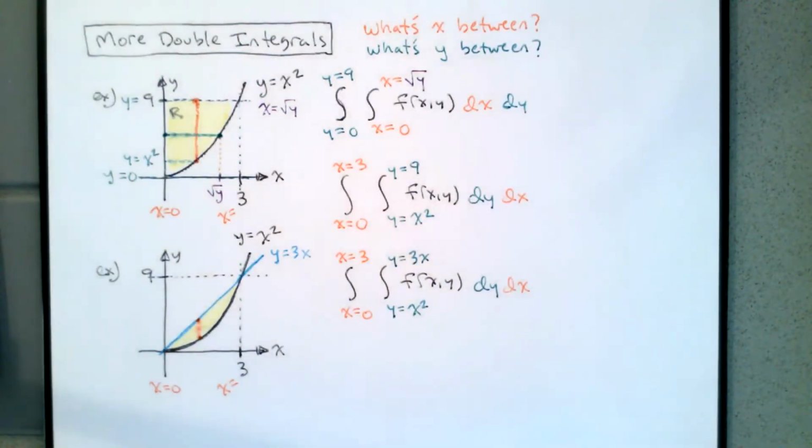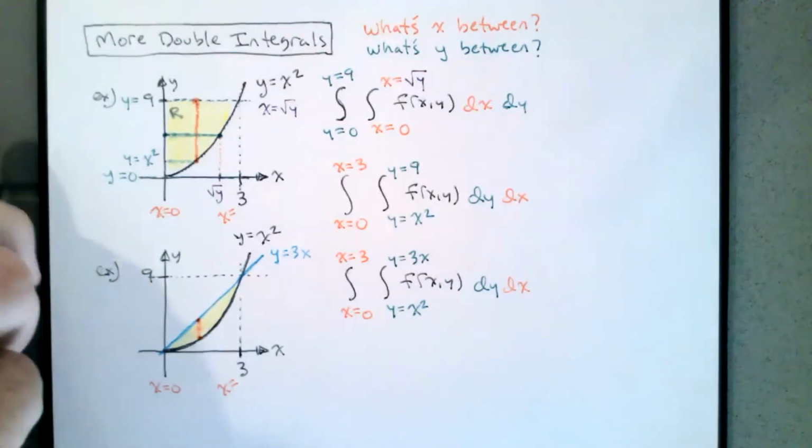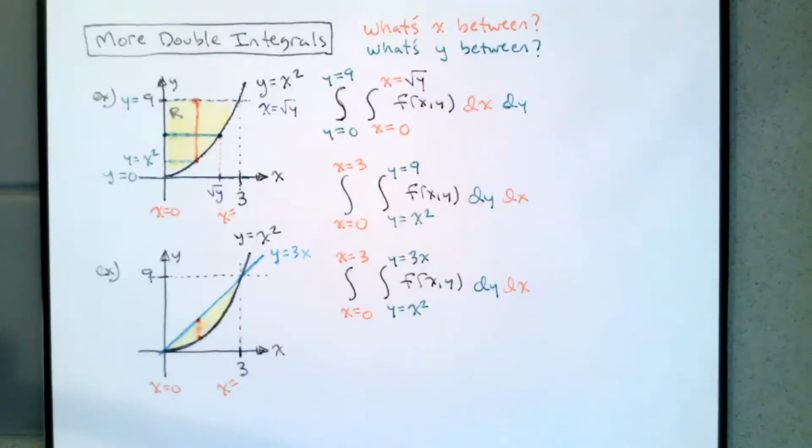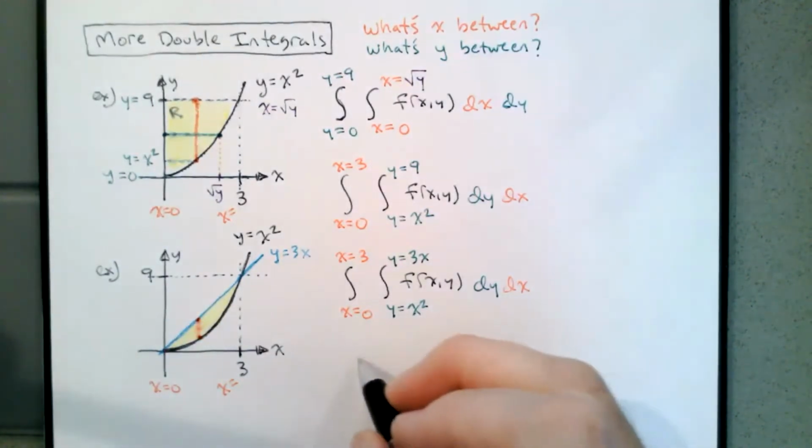So when we just say y is between x squared and 3x, that's not specific enough. We have to say what x values we're using, and that's the last integral. So let's set this up as a dx dy integral.